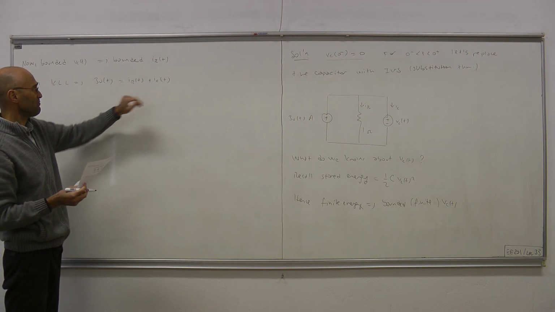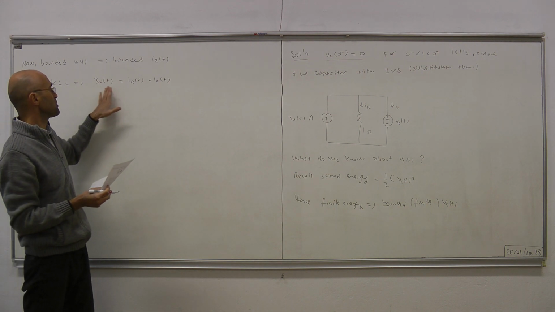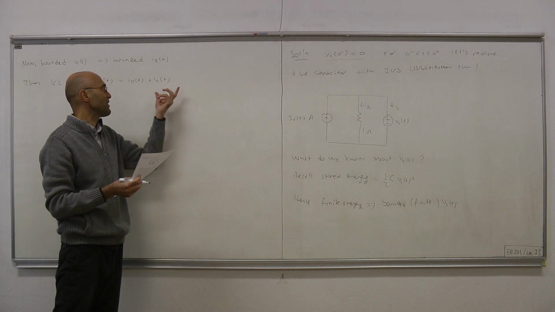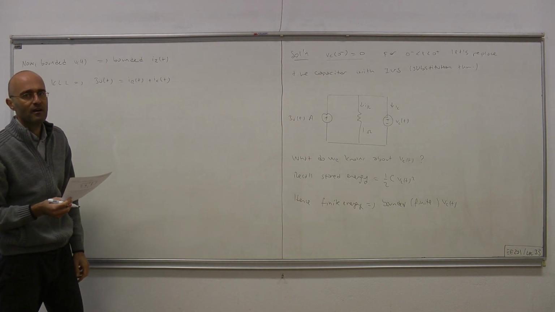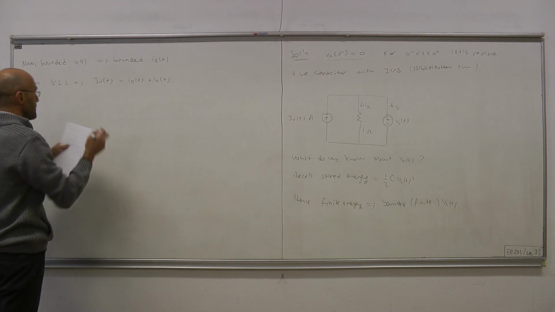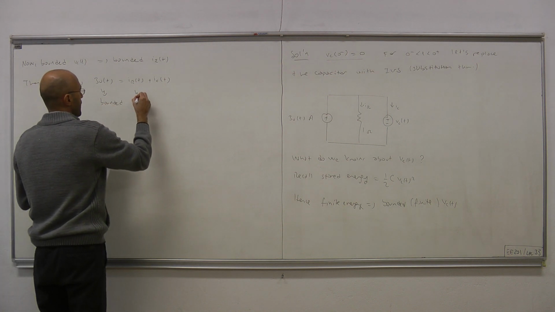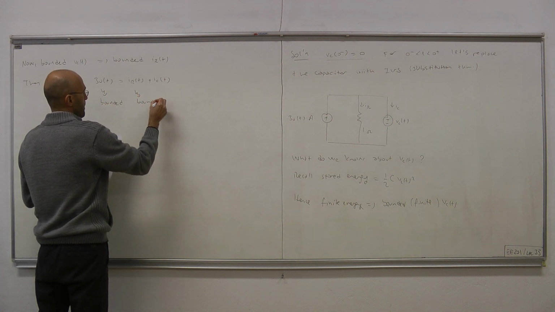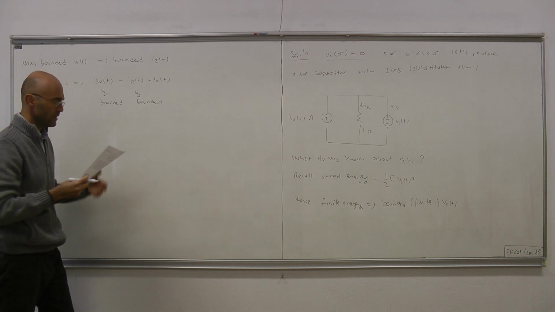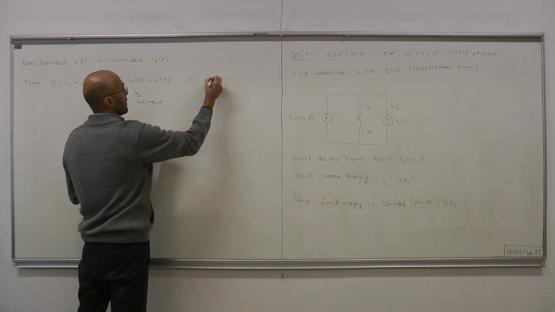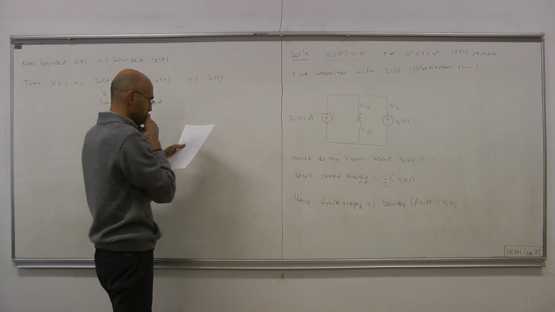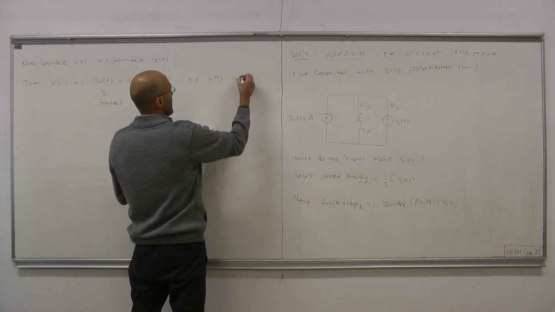Therefore, something bounded equals something bounded plus something else, and that something else must itself be bounded. IR(t) is also bounded, hence IC(t) is bounded.